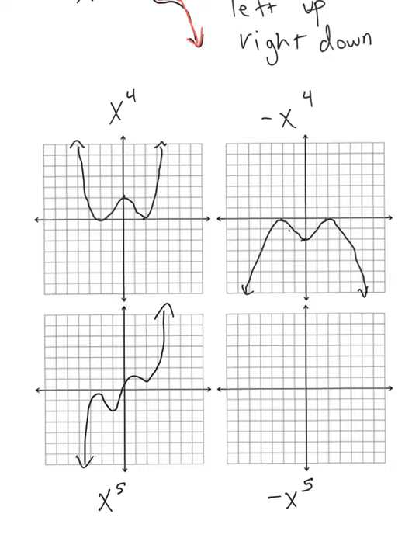And the negative is going down, so 1, 2, 3, 4, like that. The arms match our x to the third, except there are just a few more humps in between. And that is how we would recognize our different functions.